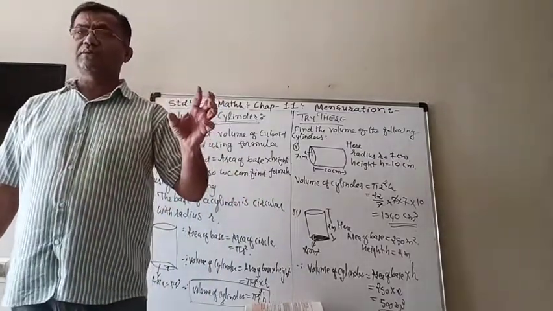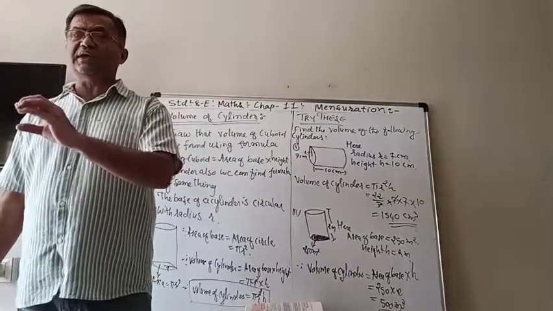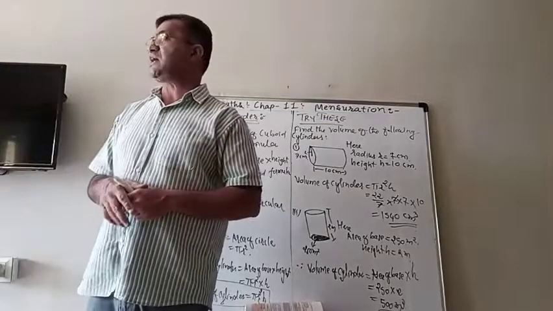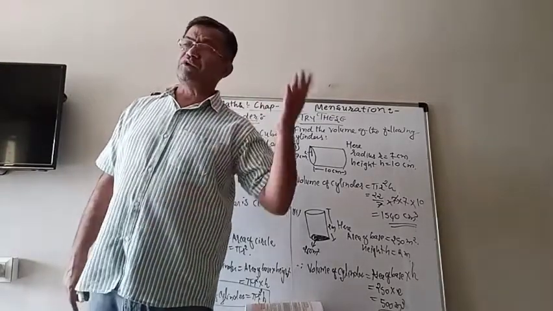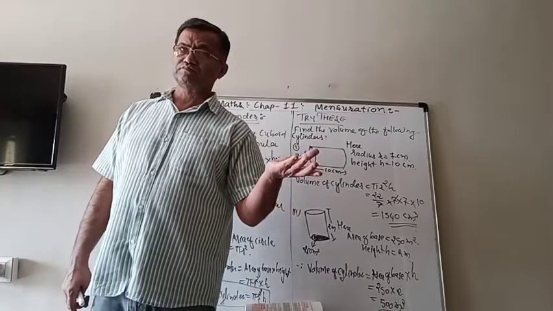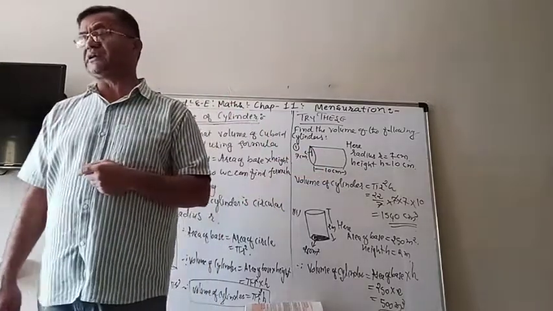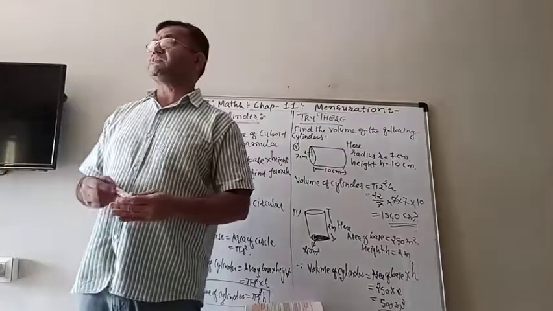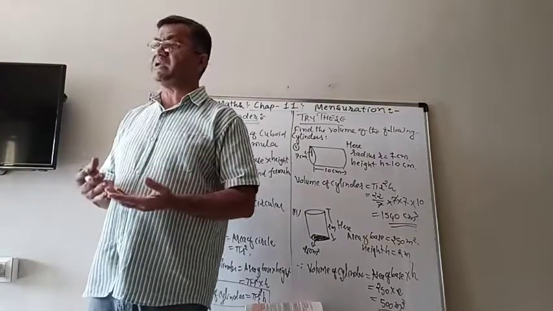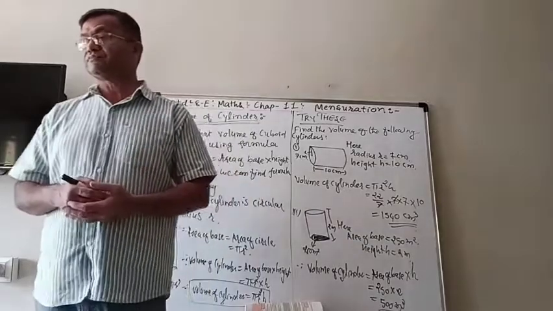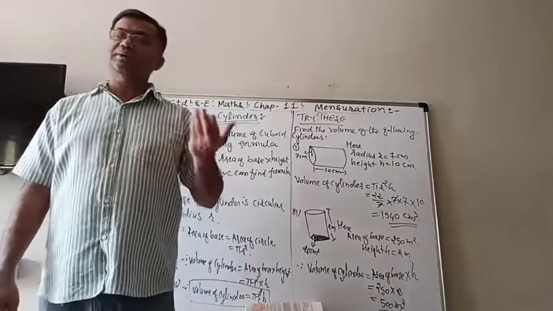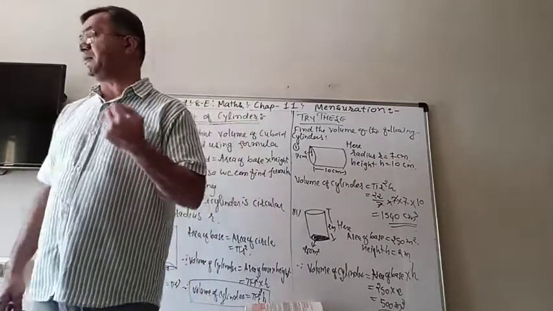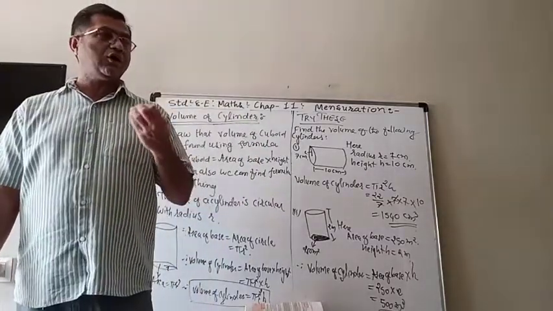And if the dimensions are given, for the cuboid, length and breadth and height all are given, then you use the formula volume of cuboid is equal to L multiplied by B multiplied by H. And for the cube, length, breadth and height are the same, so we put L multiplied by L multiplied by L, or L cube.